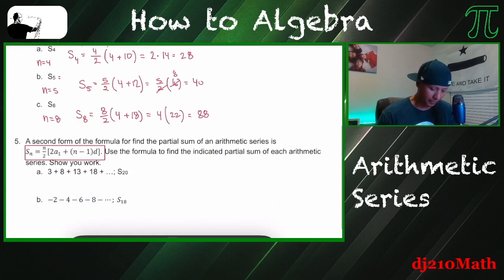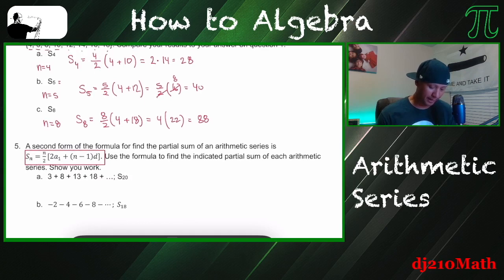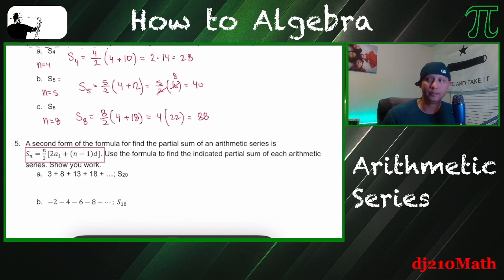But what's happening is that if you watched the last video on arithmetic sequences, the formula for an arithmetic sequence, so a sub n, any term, would be a sub 1 plus n minus 1 times the common difference.